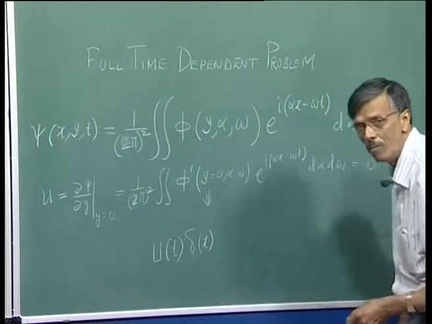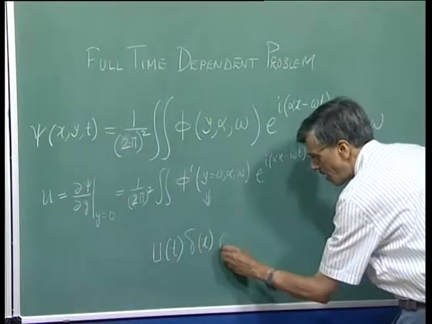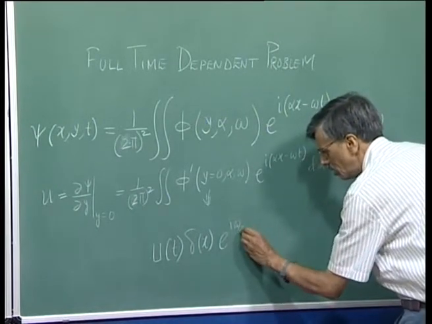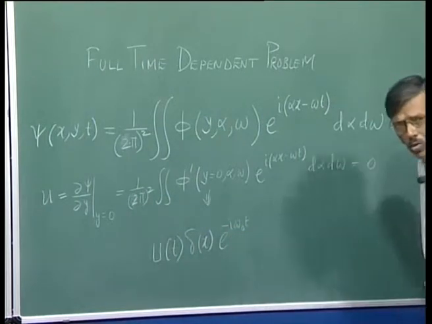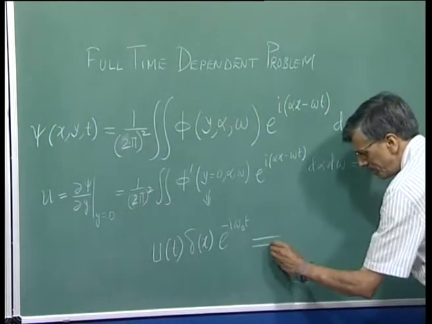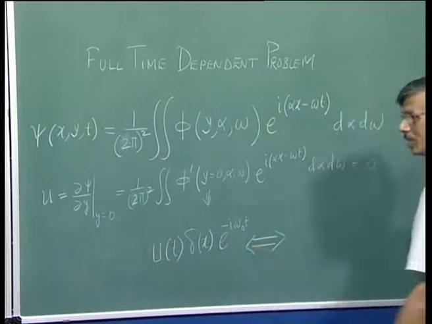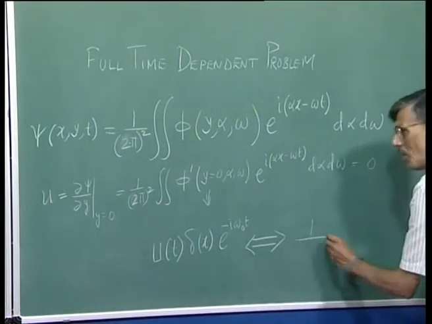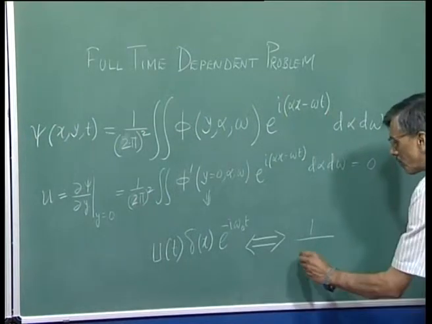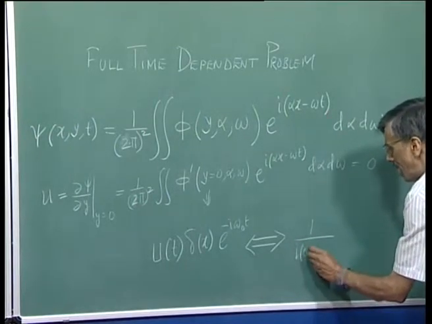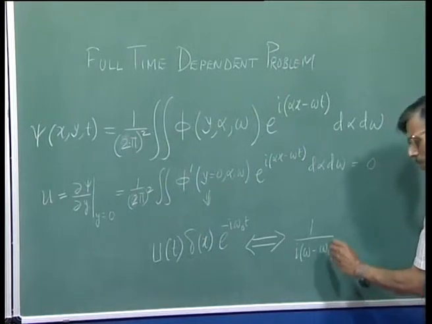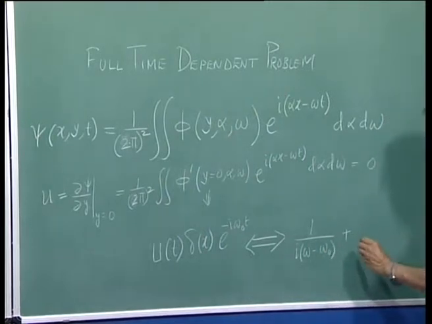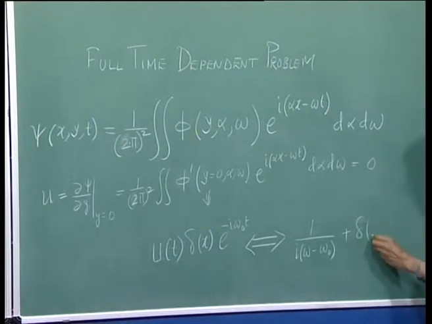This is our original function. What is its Fourier transform? If you recall, its Fourier transform was 1 upon i times omega minus omega naught, plus a delta function at omega minus omega naught.